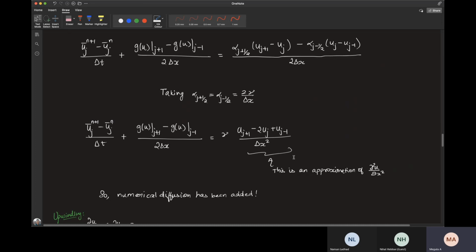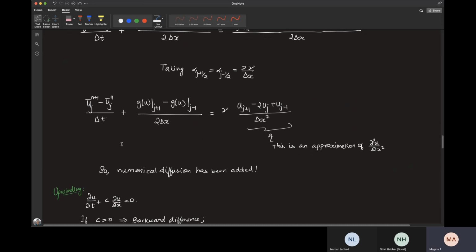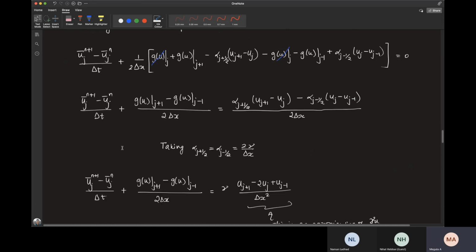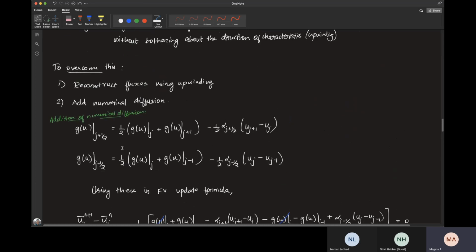It's actually diffusion, and since we have brought it into the picture, it's numerical diffusion and not physical diffusion. So to an unstable scheme, we have added numerical diffusion, and now this will be stable. So this is how you add numerical diffusion and solve the problem of instability.